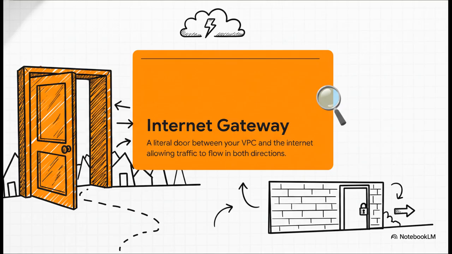This door lets traffic flow in both directions, allowing your public resources to talk to users and the web. But remember, while public subnets use this two-way door, our private internal rooms need a totally different solution. Because what happens when an internal server needs to download a software update or call an external API? You can't just open a two-way door and risk letting attackers sneak right in.